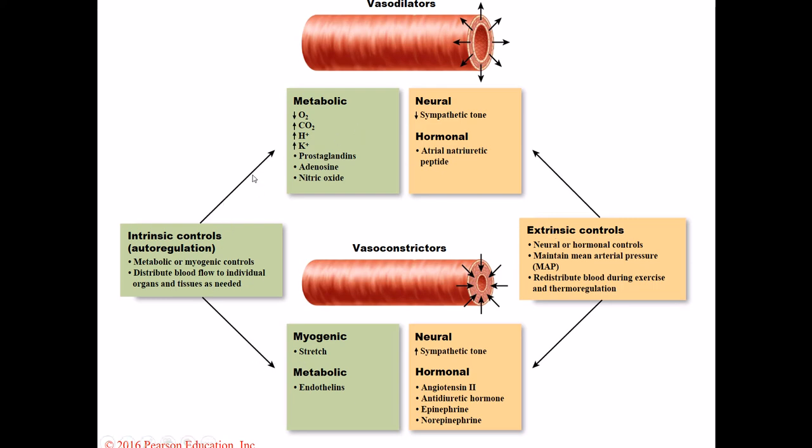Now, the intrinsic autoregulatory controls, the metabolic controls, myogenic controls are about matching. The metabolic controls are about matching the activity of the tissue to the blood flow that it gets, and these myogenic controls are about keeping blood flow relatively constant despite external forces, as it were. So this is a nice little summary figure for you.